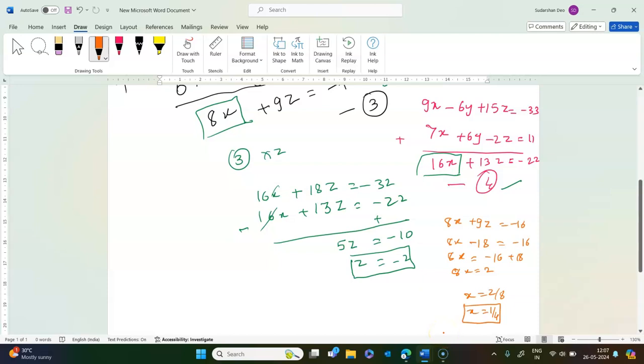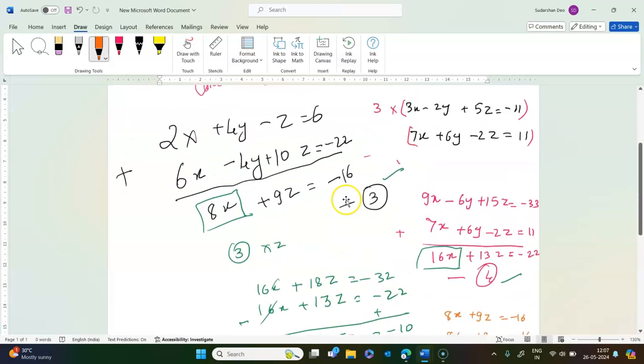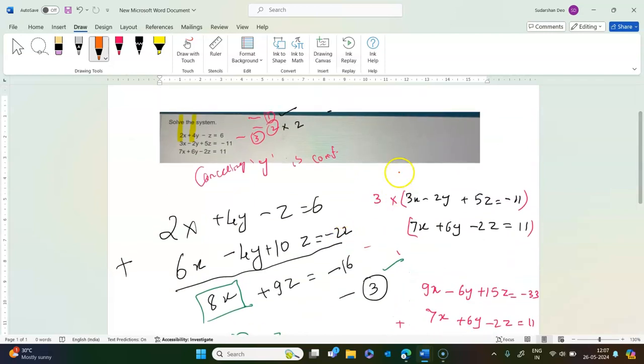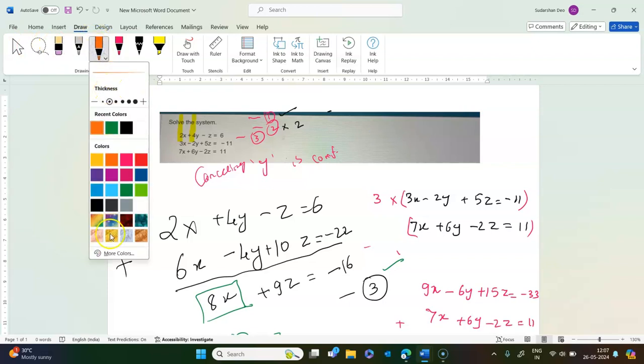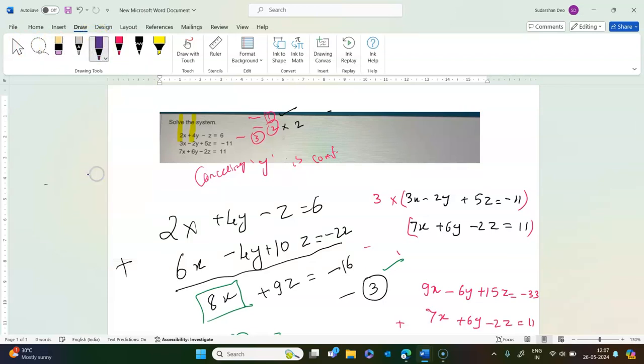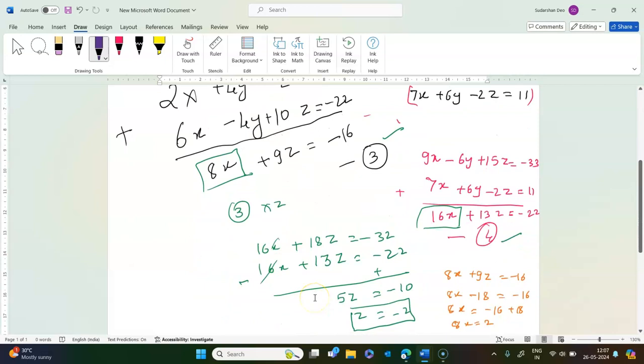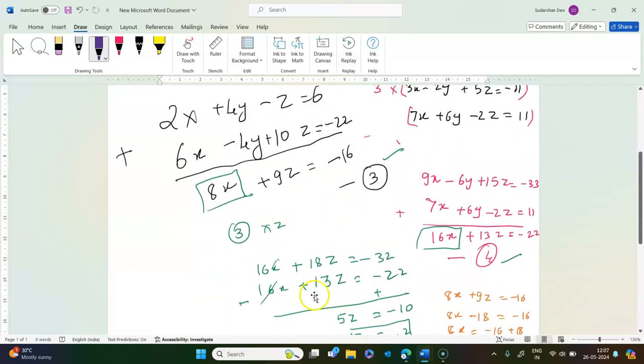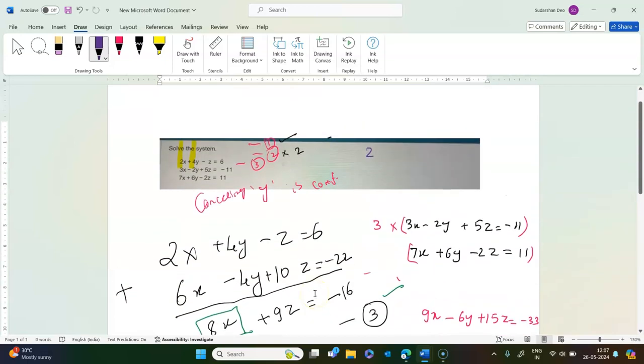Now substituting that x and z in any of the original equations, let's go with equation 2. For comfort, let's change the color. So 2 times x, we got x as 1 by 4, and z we got negative 2.